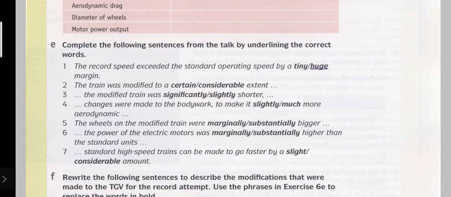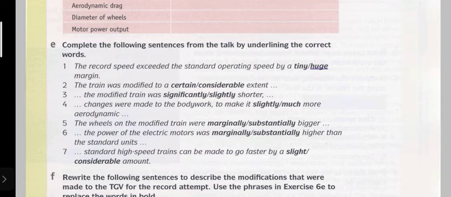Number three, the modified train was significantly or slightly shorter. تاني يا جماعة القطر كان 200 تبقى 100. أيوة significantly slightly دي يعني طفيف يعني نقصنا 2 متر ولا حاجة. تمام يبقى 3 significantly. Number 4, changes were made to the bodywork to make it slightly or much more aerodynamic.